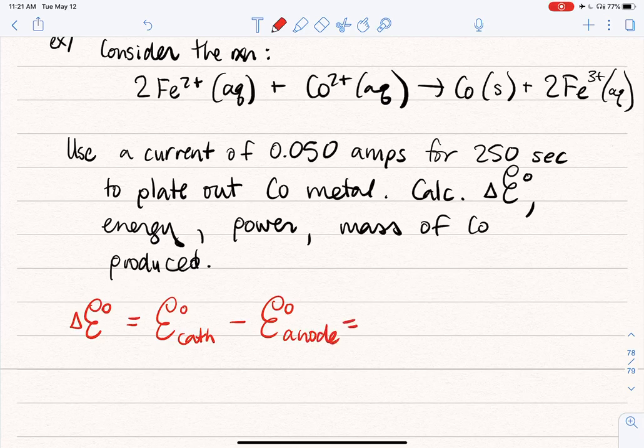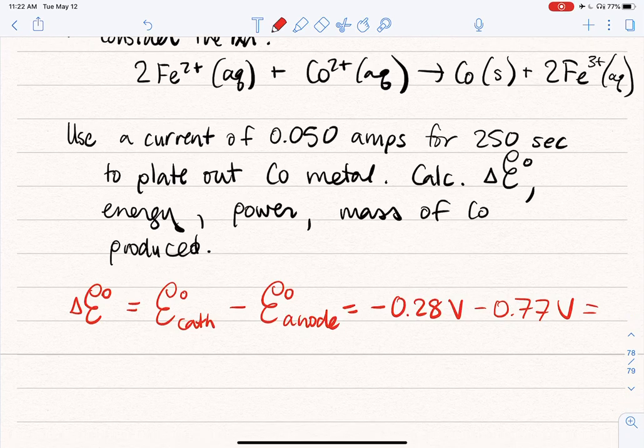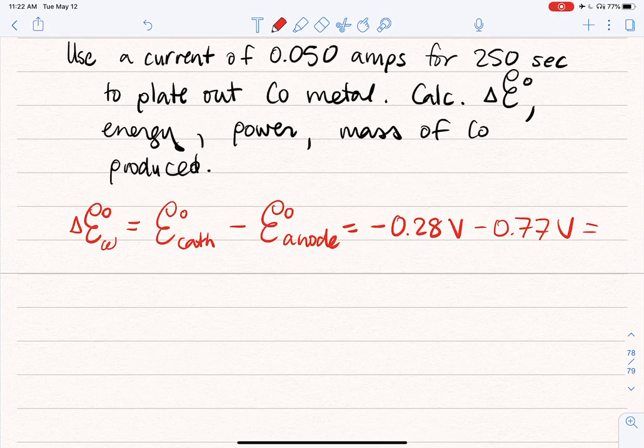These are just values from the standard reduction potentials: minus 0.28 volts, minus 0.77 volts, and that will give you an electrochemical cell potential of minus 1.05 volts. So that's the first quantity you were asked for, the voltage or the potential.